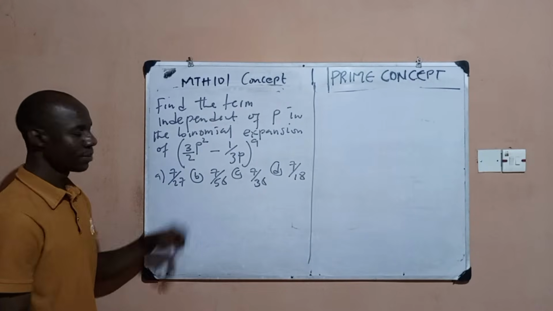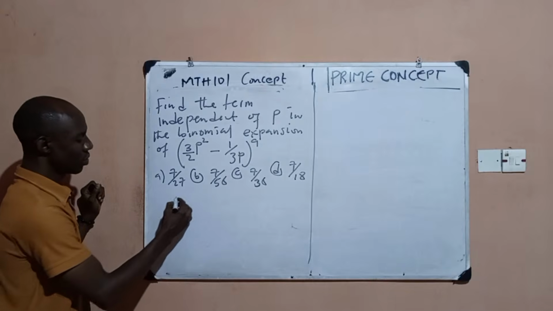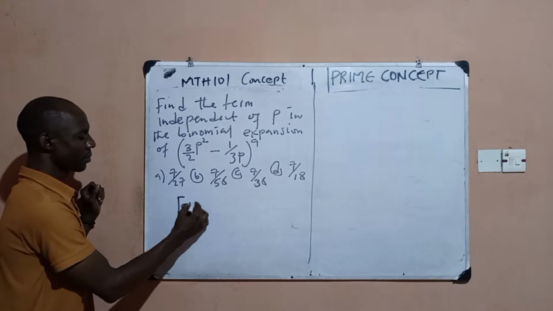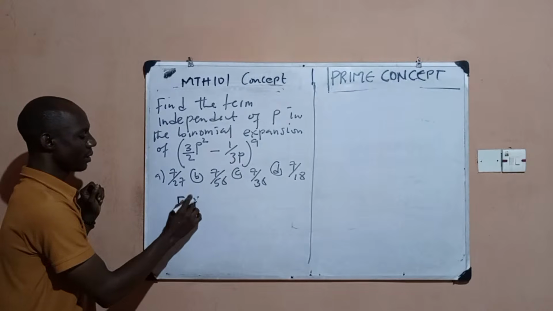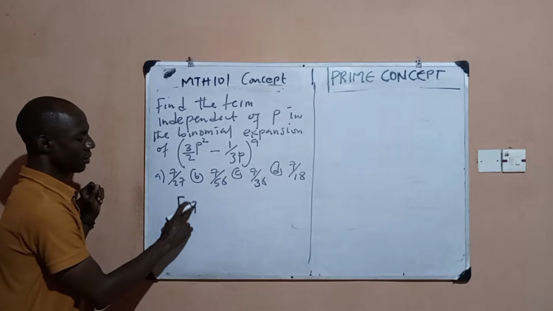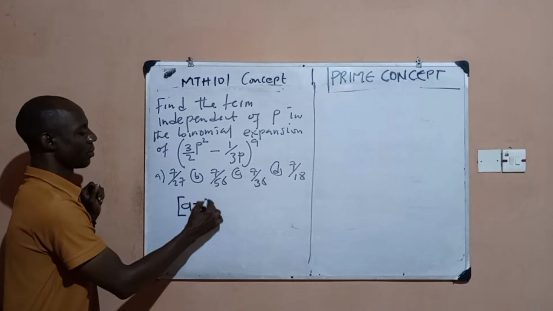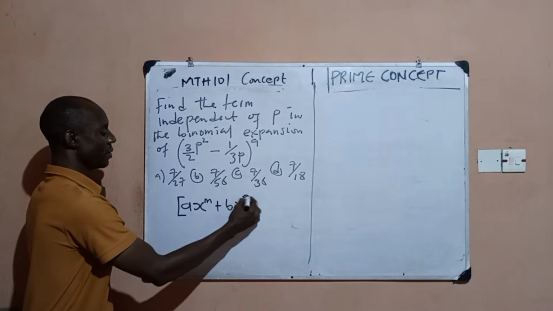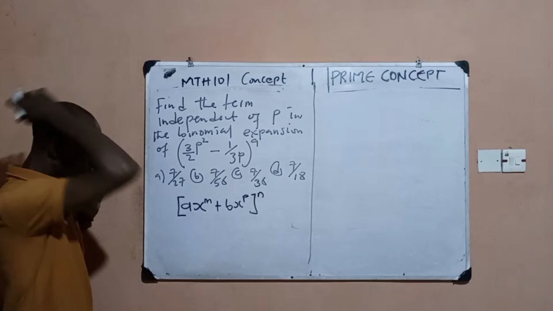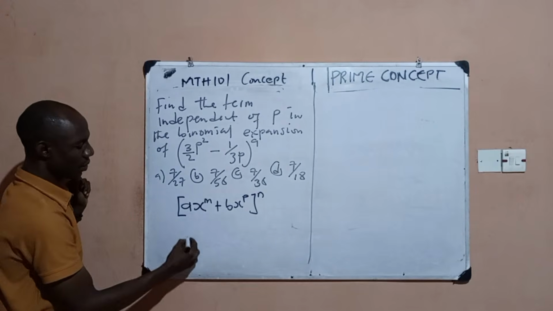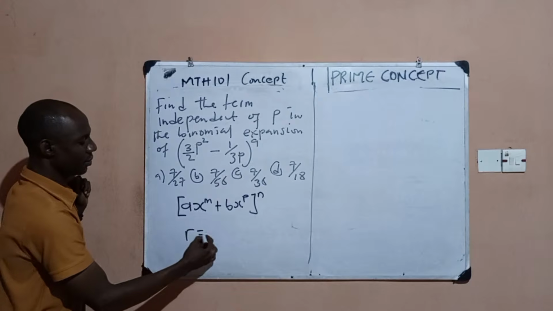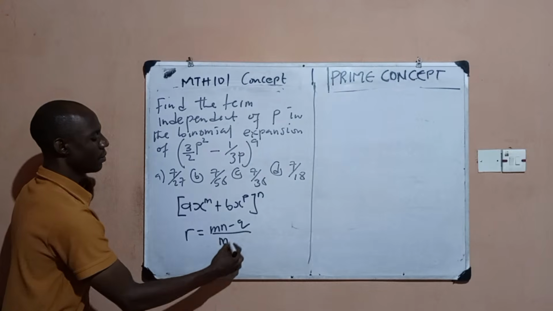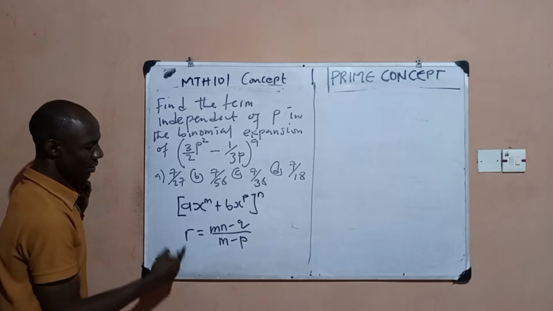Now, the general form of a binomial is going to be, let me use X, AX raised to power M plus BX raised to power P, all raised to power N. This is the general form of binomial, where R is going to be Mn minus Q all over M minus P. This is the formula you need.